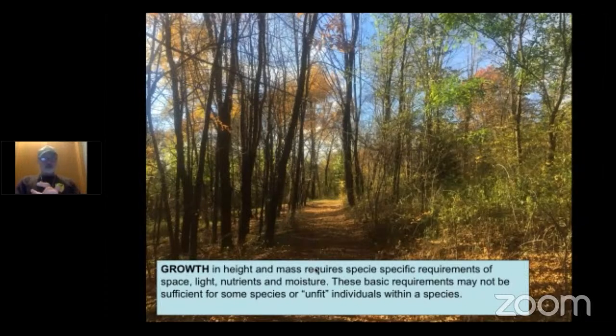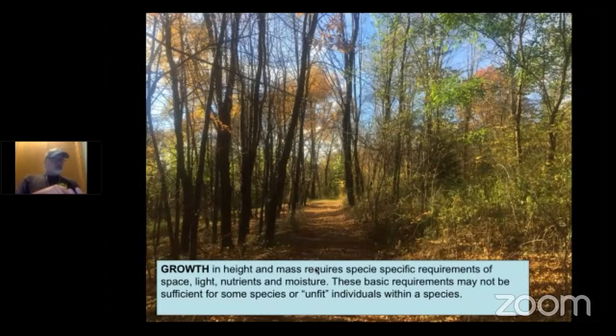Light, we can modify. Once again, that's often a function of density. We can also put shade cloth up if you want to do that. Nutrients, fertilizers, are a tool that we can use, and moisture, water or lack thereof, is what we can use. These are all four little adjustment knobs to keep our system going.